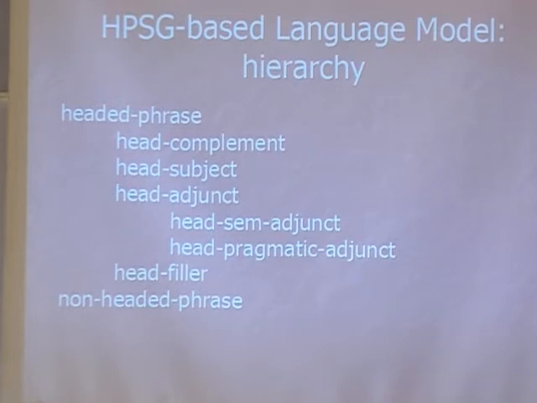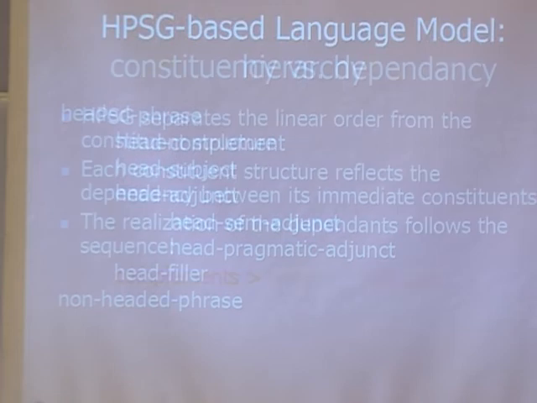Additionally, under head adjunct phrases, we have head semantic adjunct and head pragmatic adjunct, because some of the adjuncts do not contribute with its semantics, let's say the vocatives, and some other. We will see them later. And that's why we distinguish here between them.